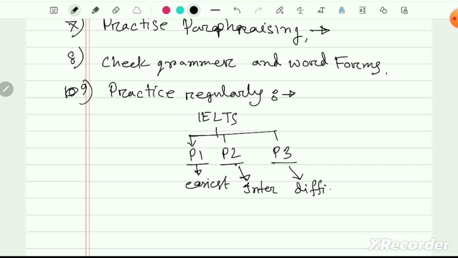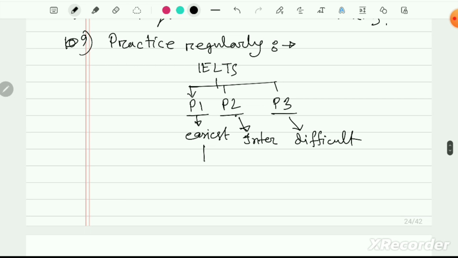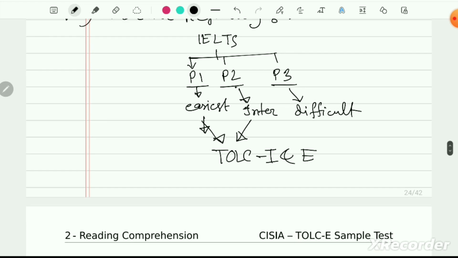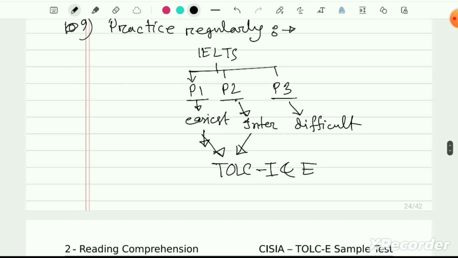So I would suggest that for practicing TOLC-E and I, you try at least passage 1 and passage 2. These two will be helpful for TOLC-I and E, I believe. Practicing from there will also be helpful for IELTS too. Okay, let's move on to our next point.